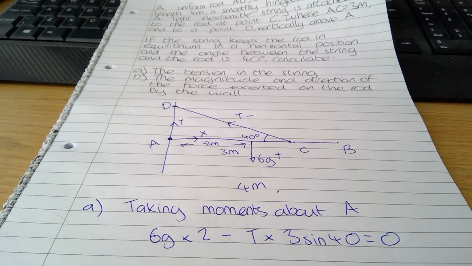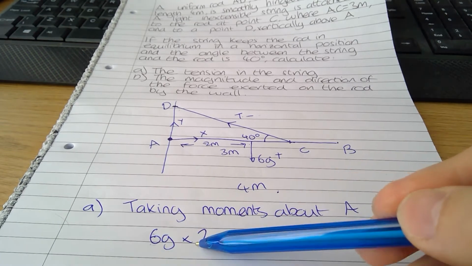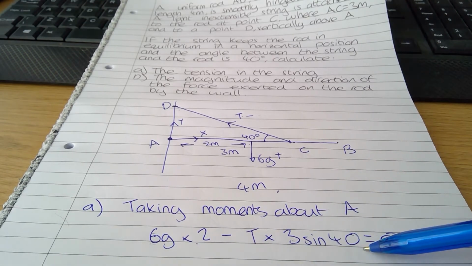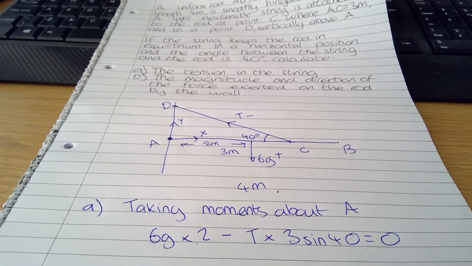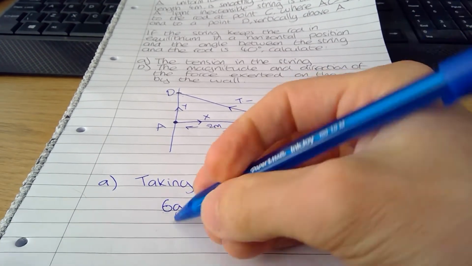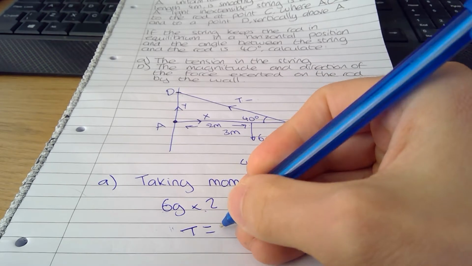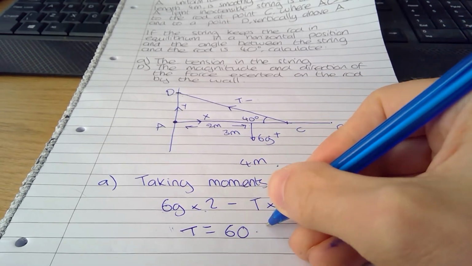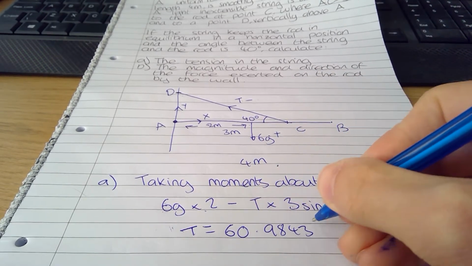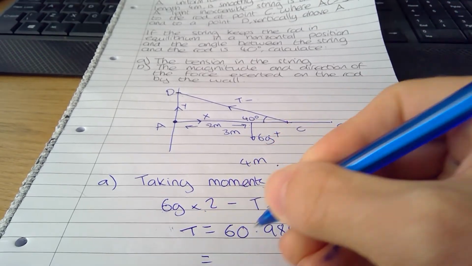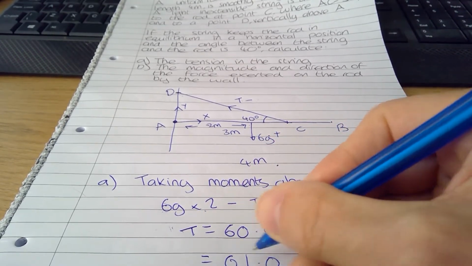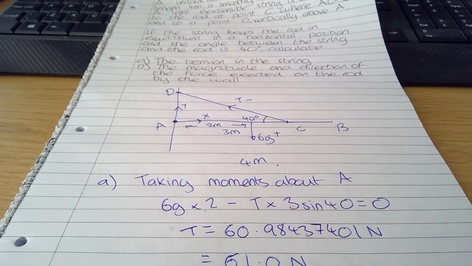That's just an equation for T, because 6G times 2 is a number and 3 sine 40 is just a number, so all I need to do is rearrange to find T. That gives T equals 60.9843740 newtons, or about 61.0 newtons.